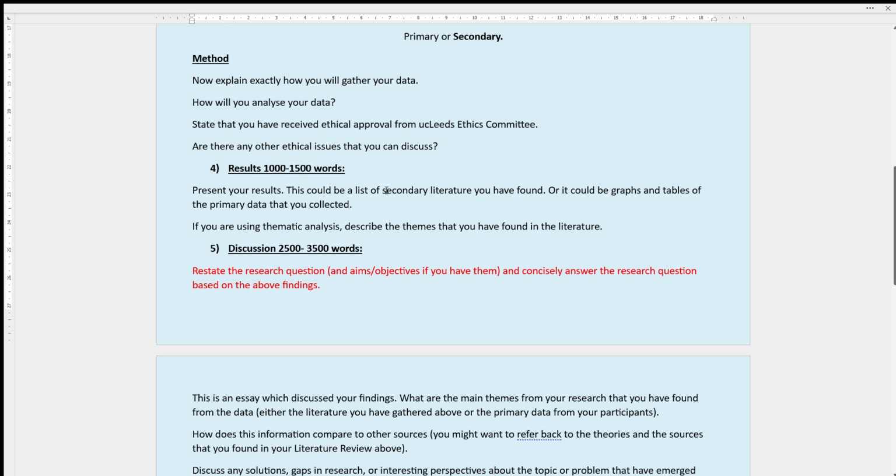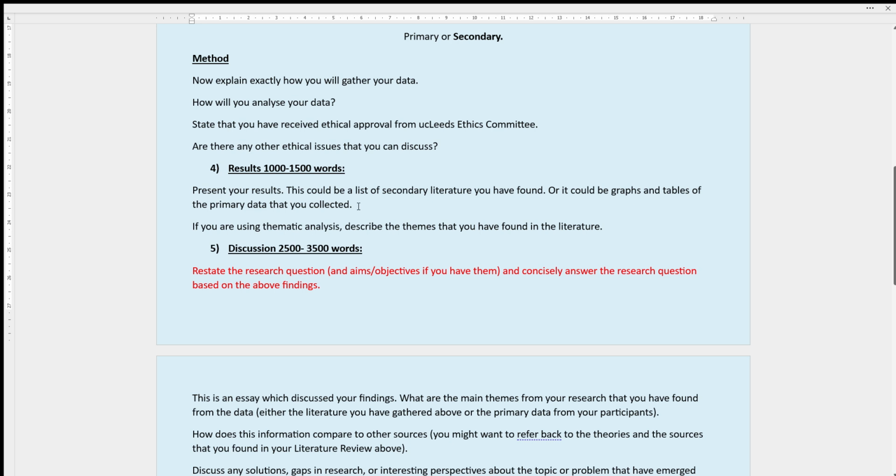So present your results. That could be the list of the secondary literature that you've found through your searches. It could be graphs and tables of primary data that you've collected. Might be your inferential tests. It could be your descriptive statistics, if that's appropriate for your research. And then for a lot of people, that'll be it for the results section.